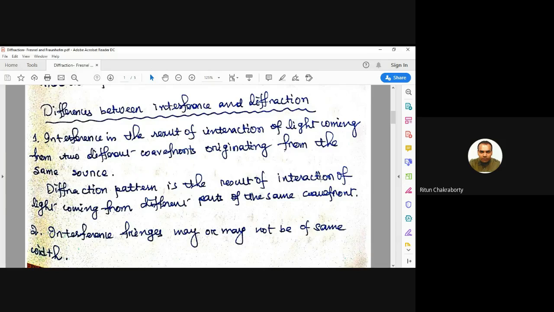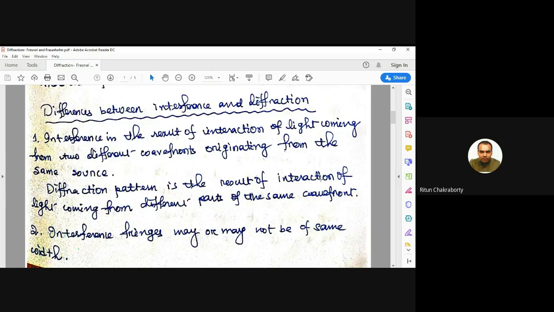So it was something like this, if I remember well: different parts of the same wavefront can act as sources of wavelets. Wavelets means waves, nothing but light waves.